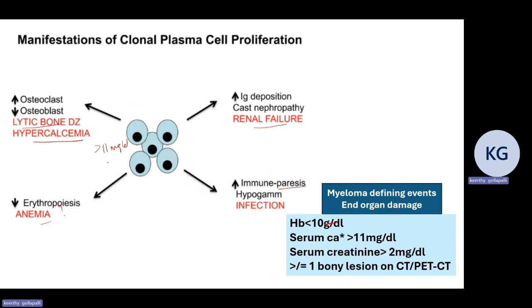If I join these two, it will be 2, so creatinine will be more than 2 milligrams per deciliter. Then again 1: one or more bony lesions on CT or PET. If these parameters are there, you call it a myeloma defining event, where there is end organ damage due to this clonal plasma cell proliferation.